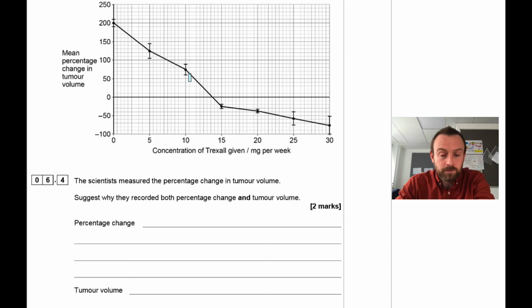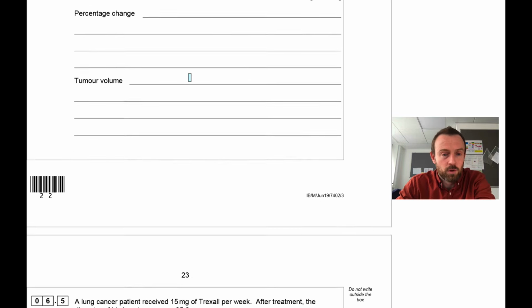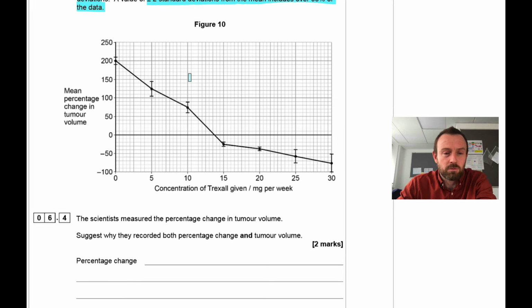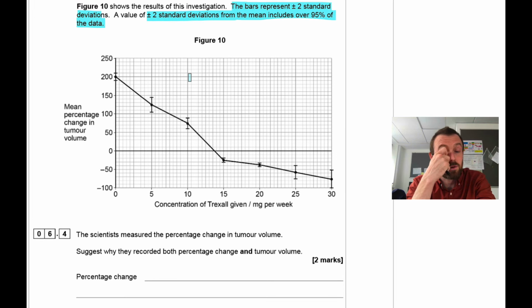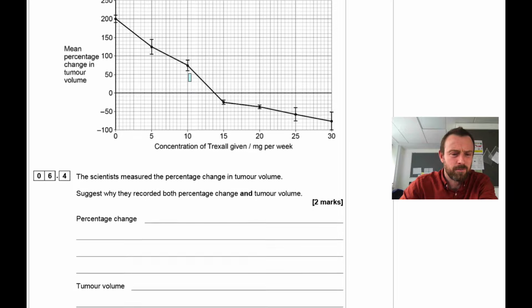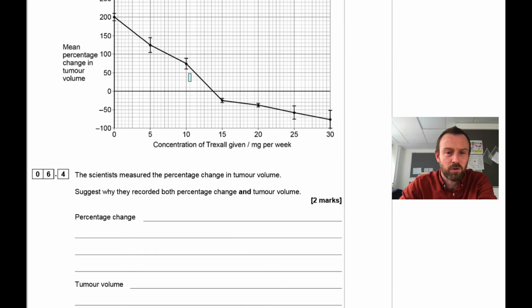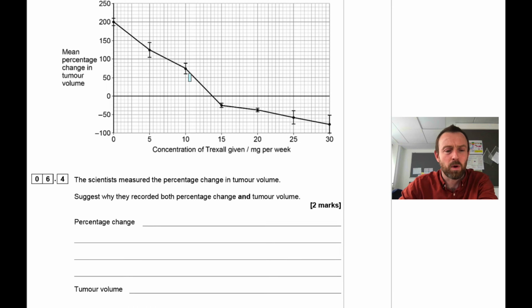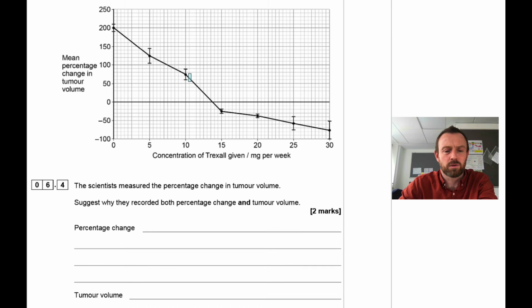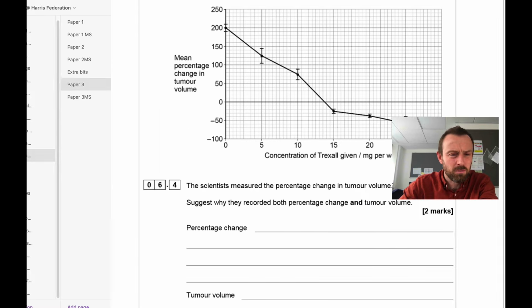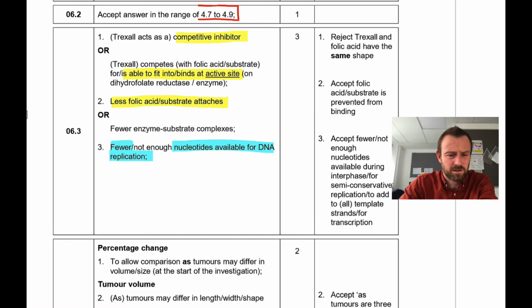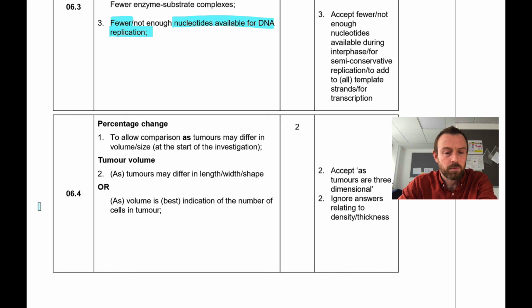Gosh, I'm not quite sure. Why do we measure tumour volume? Well, because you can't calculate percentage change without the tumour volume. It would be impossible to calculate percentage change without it. Is that the answer? If it is, it's a strange question. Percentage change to allow comparison, as tumours may differ in volume or size.